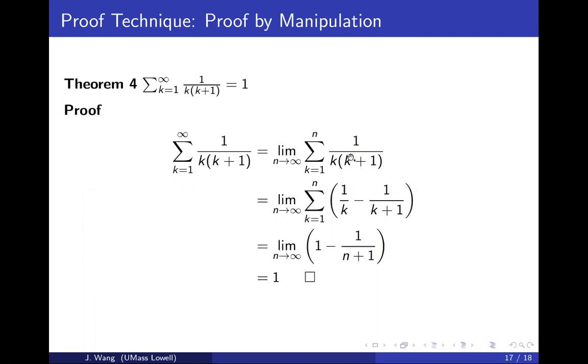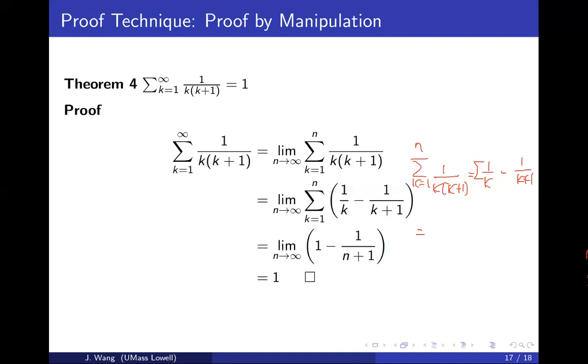For instance, 1 over k times (k plus 1) is just 1 over k minus 1 over k plus 1. So you add them up, k from 1, let's say, to n.